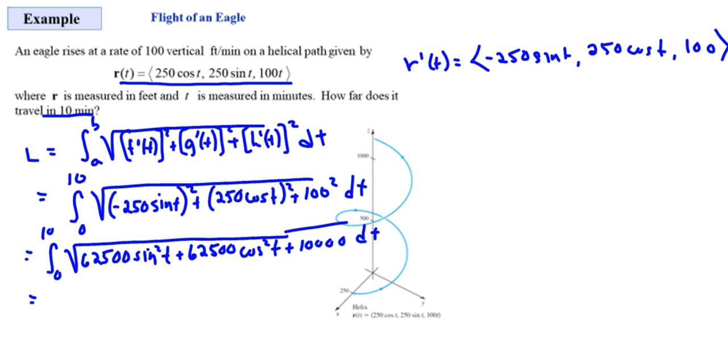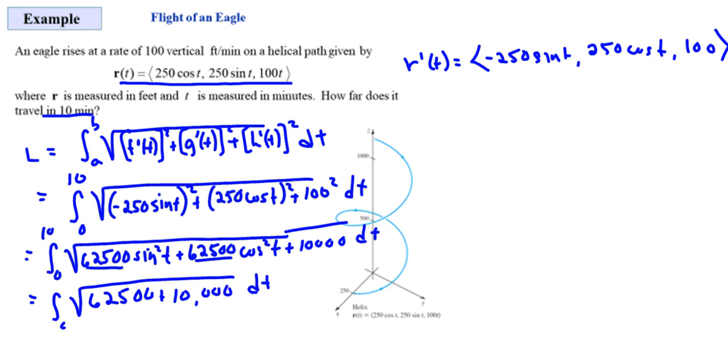Okay, now when you factor out 62,500 from sine squared and cosine squared, you get sine squared plus cosine squared, which is just 1. So this just ends up being the square root of 62,500 plus 10,000. So this is going to be just the square root of 72,500, t from 0 to 10.